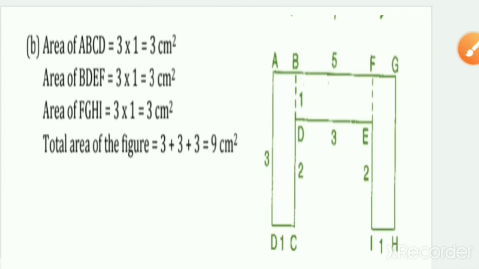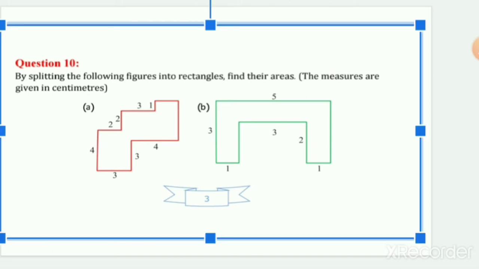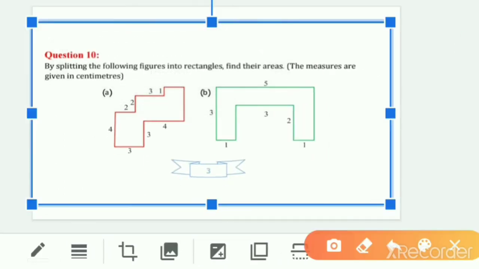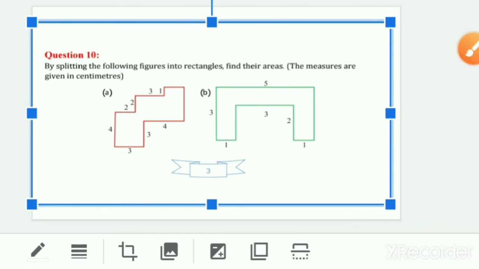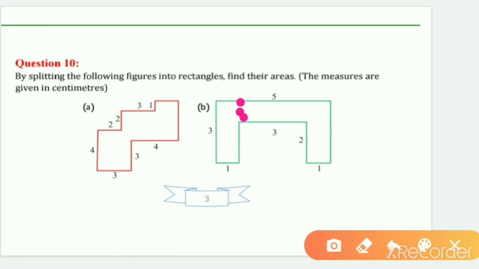Okay, so we will make the figures like this here. First of all we will look at the figure, it is not understandable. Okay, yes, this is the figure. First make dotted lines here and here. Okay, it is easy.